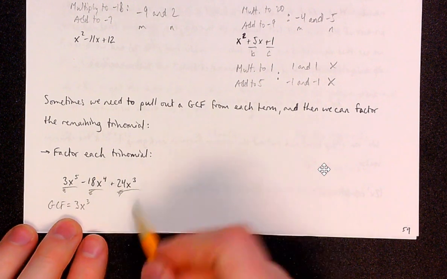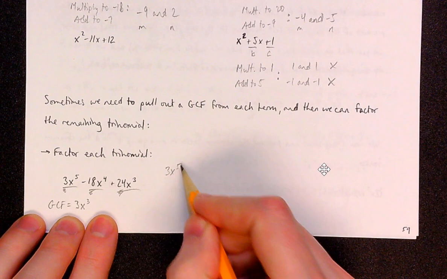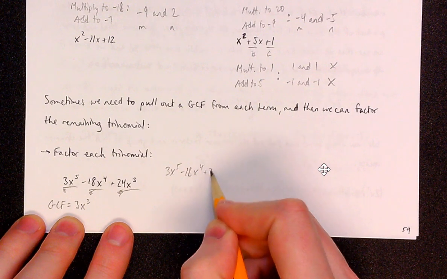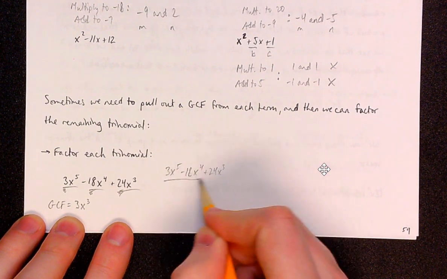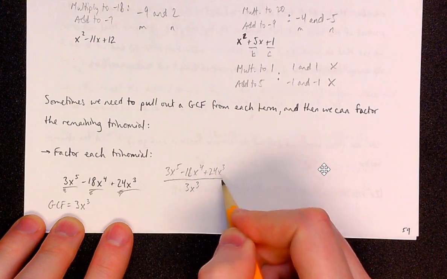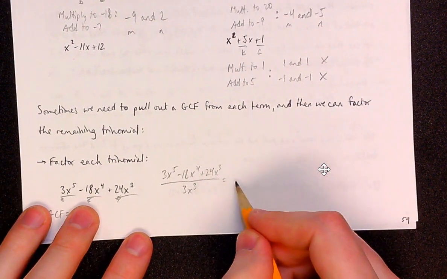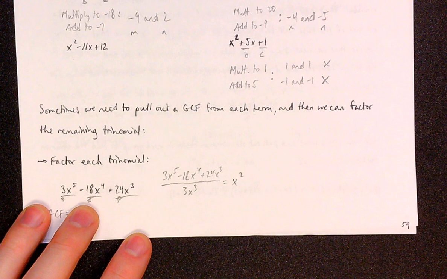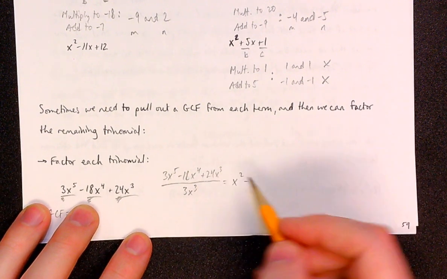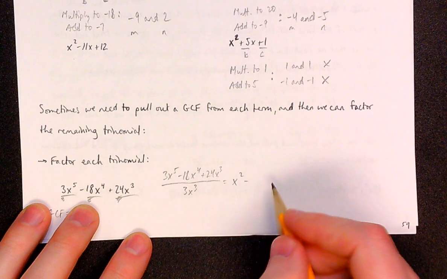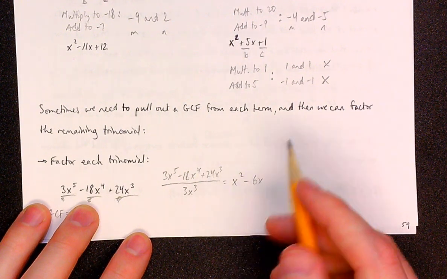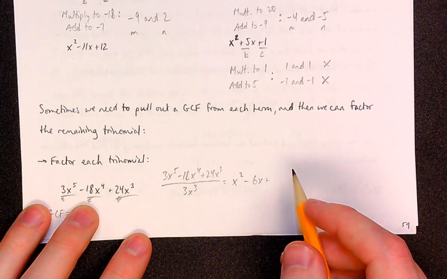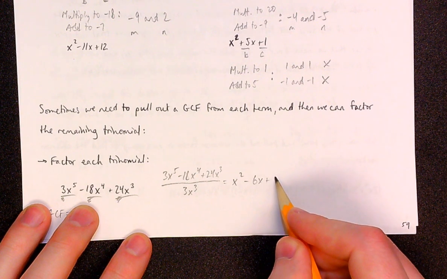So the GCF is 3x cubed. Let's see what we get when we divide our polynomial by our GCF. So 3x to the fifth minus 18x to the fourth plus 24x cubed divided by 3x cubed. 3x to the fifth divided by 3x cubed gives me x squared, minus 18x to the fourth divided by 3x cubed gives me 6x, and then plus 24x cubed divided by 3x cubed gives me plus 8.